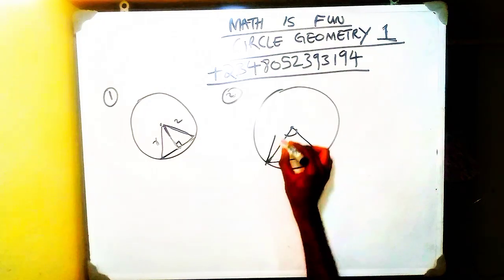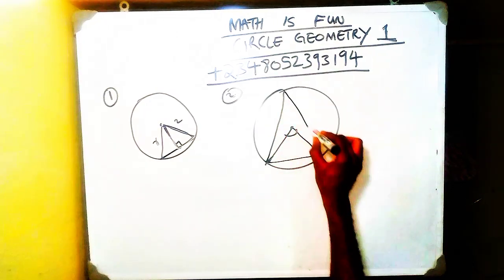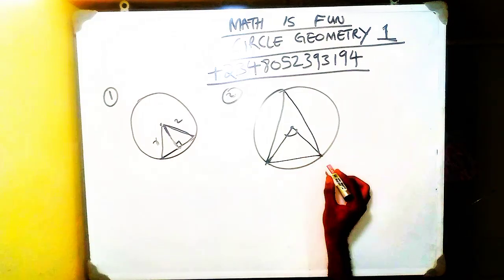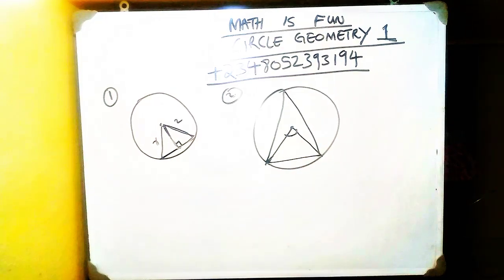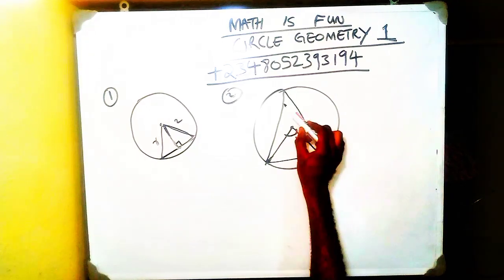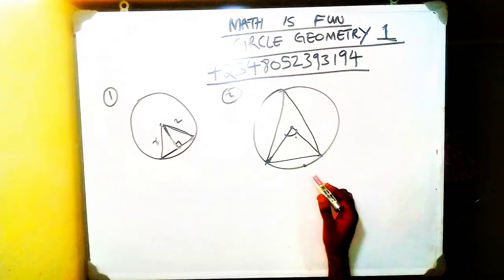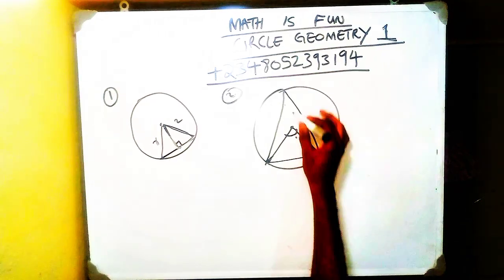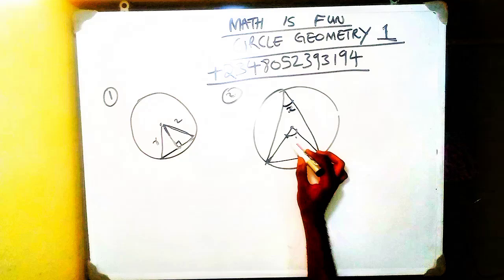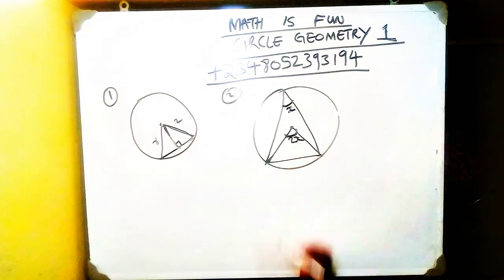This chord makes an angle at the circumference, and this same chord makes an angle at the center. The concept is that the angle made at the center is twice the angle made at the circumference by the same chord. That simply means if here is x, then the center is going to be 2x. That's the concept of that theorem.